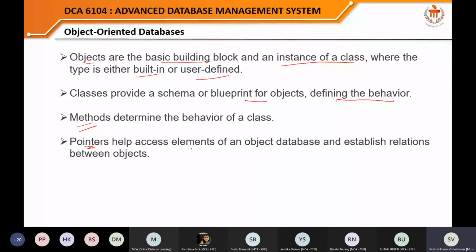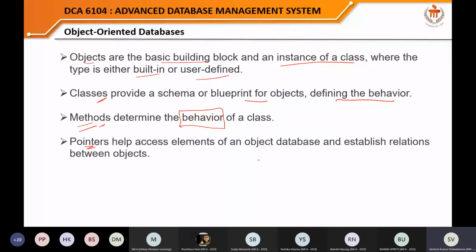These are the few key points which I have taken at the very beginning of the presentation. We need to understand objects, classes and methods, because behavior is very important once we define the additional features of databases in terms of objects.